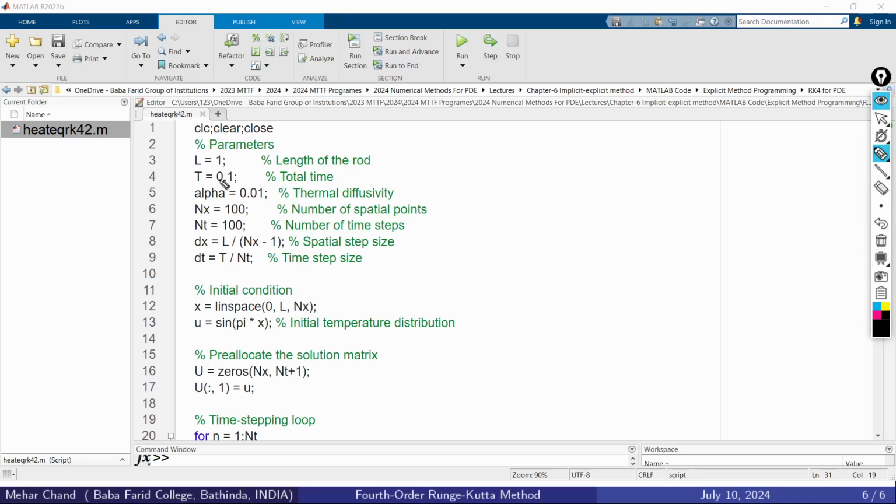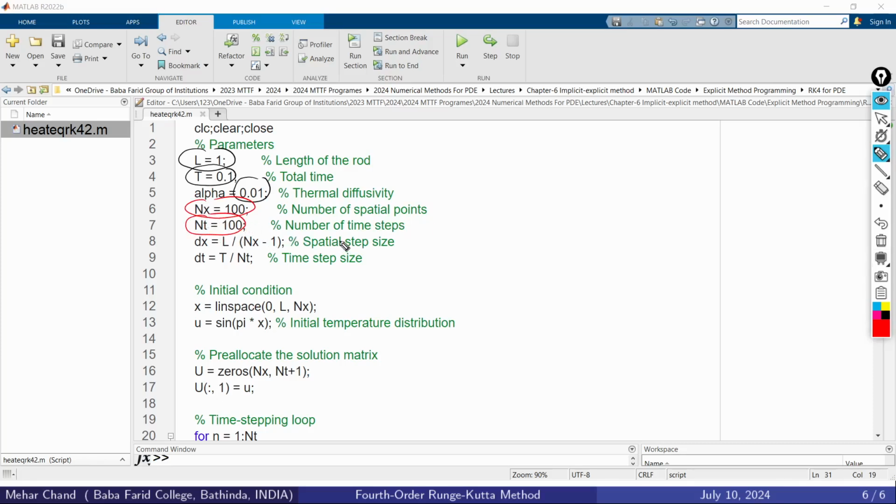First we need to assign the values of the parameters. L equal to 1, we have the length of the rod, and T is equal to 0.1, which is the total time. Alpha is equal to, we are choosing here, 0.01, which is thermal conductivity, and Nx is equal to 100, the number of spatial points, and in the same way we have Nt equal to 100.